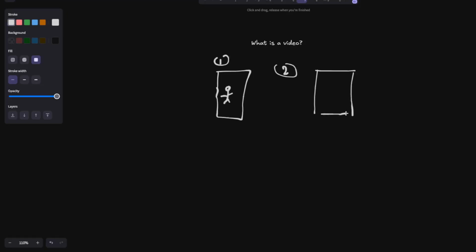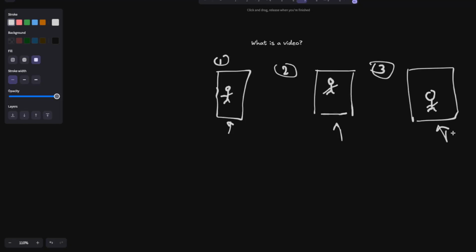We can see that the person maybe has moved up a bit, and then this is image three, where the person is back where they initially started. So this is basically a video of someone jumping up and down, but on a first principle basis, on a root basis, a video is just a collection of images which are played to us very fast.